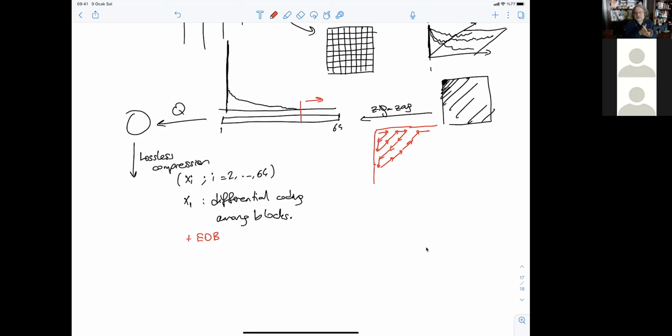We just put an end of block. The rest is just 0. So the Huffman table will not include or pay attention to all these 0 values here and here and here and here. Although it may be very few bits, there will still be some bits to encode these 0 values. You don't encode them. You just put an end of block marker.